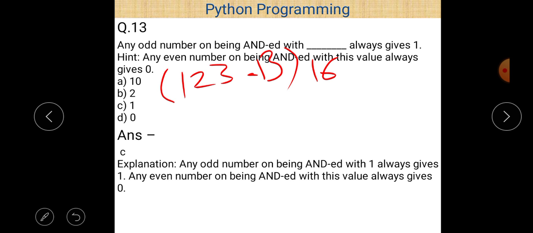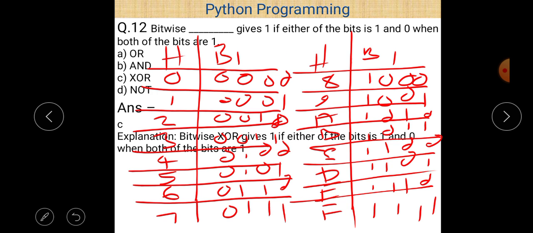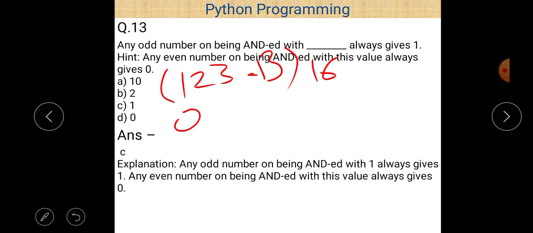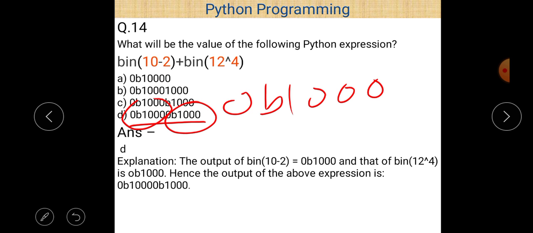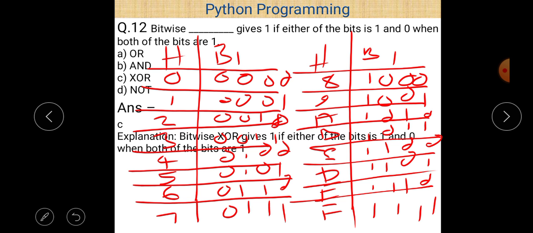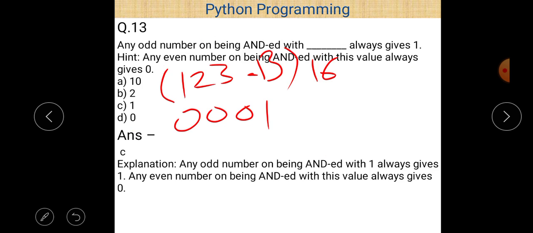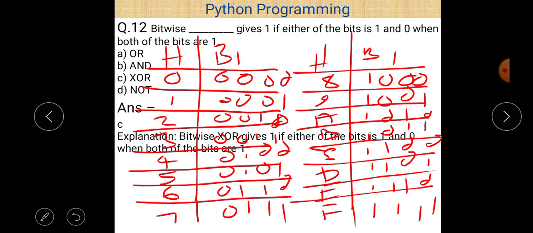So just write the code of 1. Code of 1 is 0001. Then write the code of 2. Code of 2 is 0010. Now just write the code of 3. Binary equivalent of 3 is 0011.